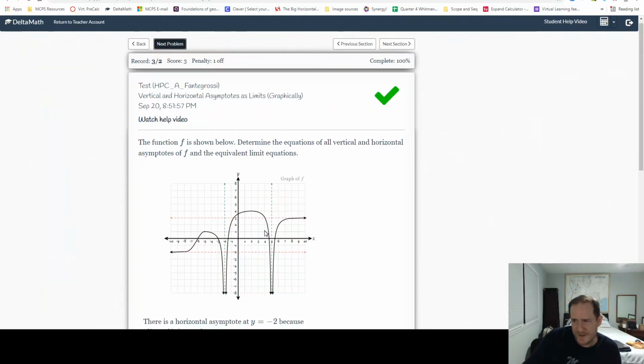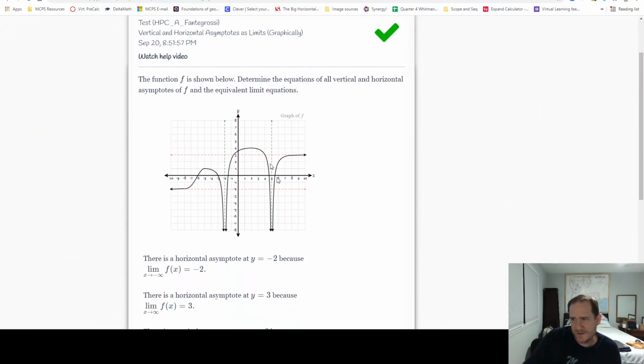Notice that finally, now that we've submitted, it does give the dotted lines for those asymptotes. I stand by what I said, that if I was giving you a graph, I would draw those asymptotes. Maybe not the vertical ones. Those are pretty obvious. But for the horizontal ones, we talked about how you just don't know really whether this graph is behaving asymptotically or whether it's just moving really, really slowly.